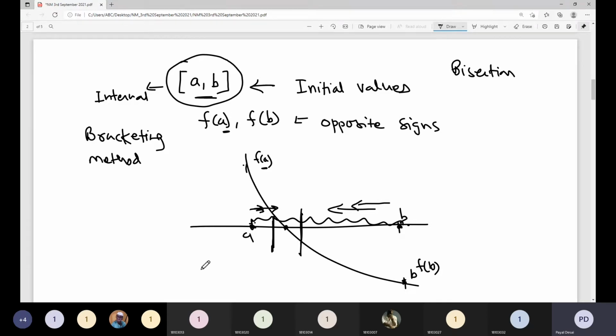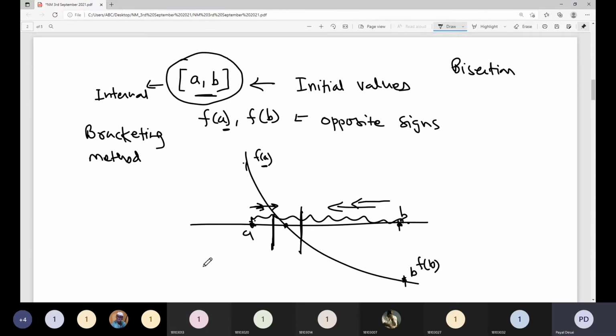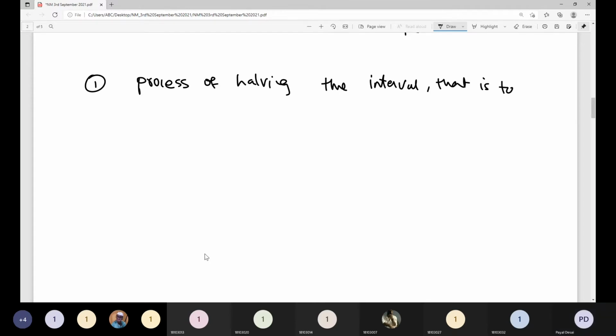Interval halving means you halve the interval, a plus b by 2. That's the first step. So the first step of the bisection method is the process of halving the interval, that is to choose the midpoint, c is equal to a plus b by 2.